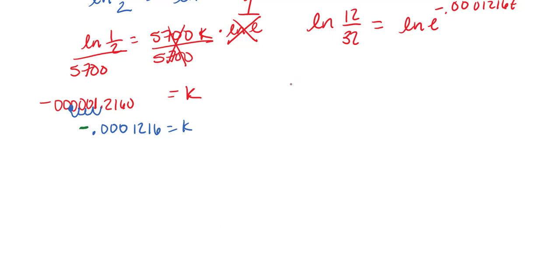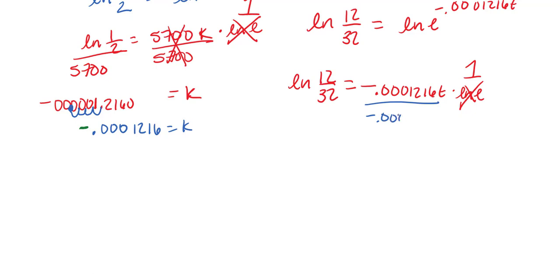Well, the natural log of 12 over 32 stays the same, but this number kicks out times the natural log of e. This becomes 1. Then we're going to divide on both sides by our K value. And then we can solve for time this way.